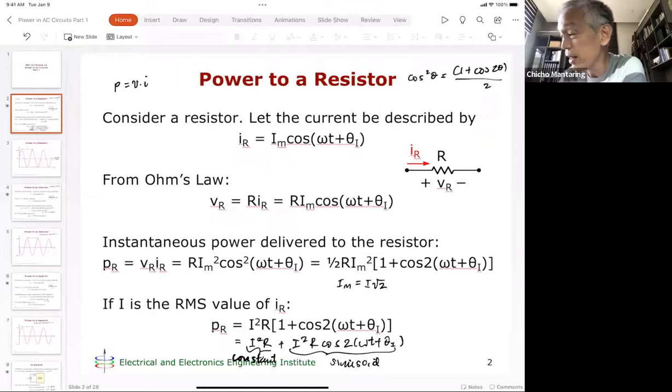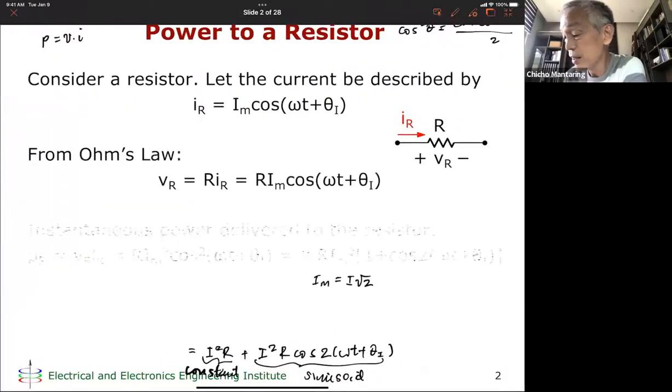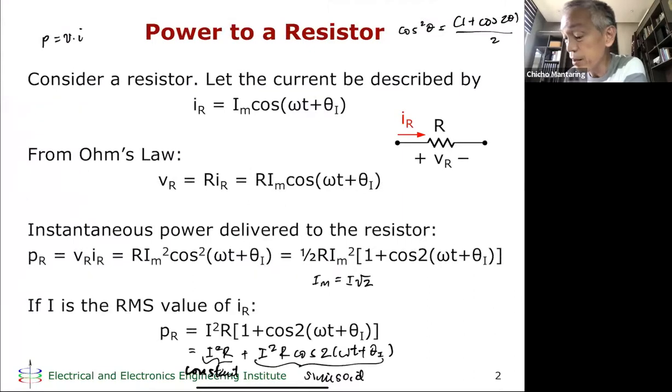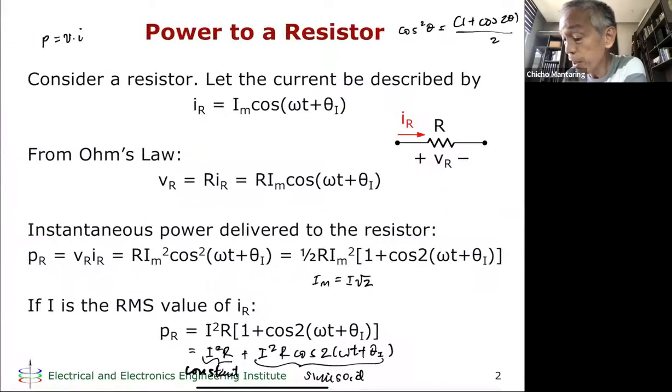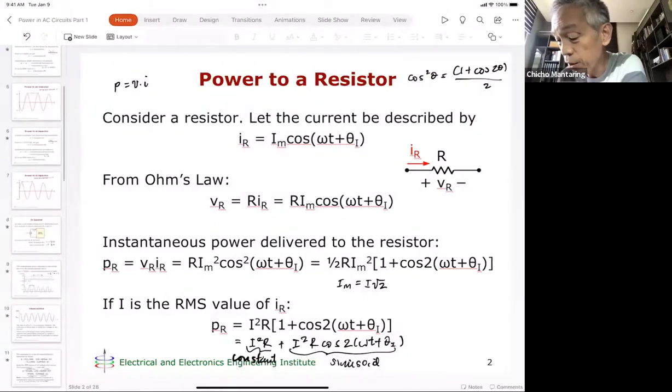Ito, right? So this is where we derived this, when we got the expression for the power delivered to a resistor by a current. We derived our expression for P of R, no?